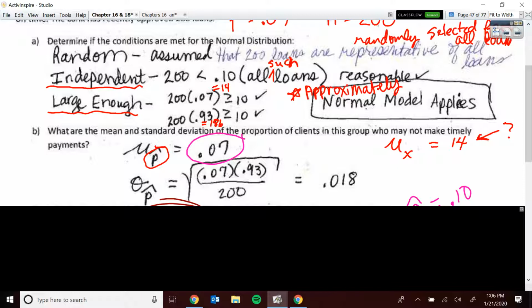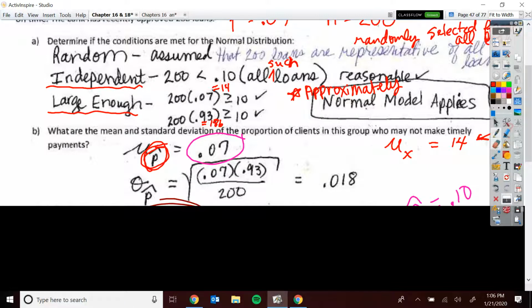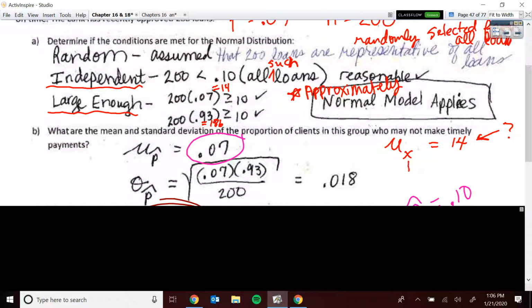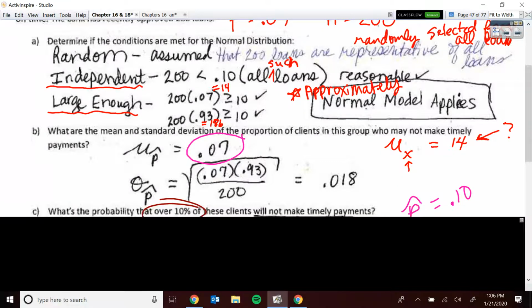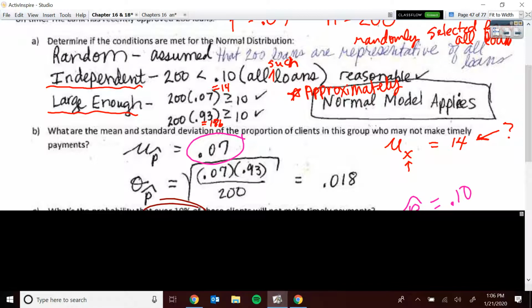That is because we want the mean of the proportions, the mean of the p-hats. The mean of the p-hats is a proportion number, while 14 would be the average number of items. We're going to do a distribution of sample p-hats, and then there's our formula for standard deviation.